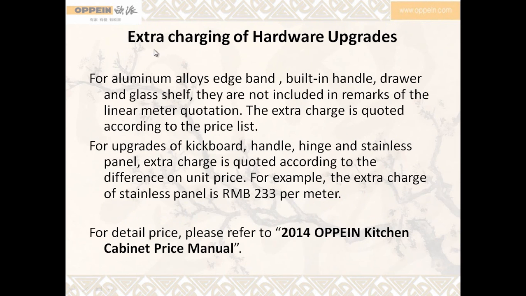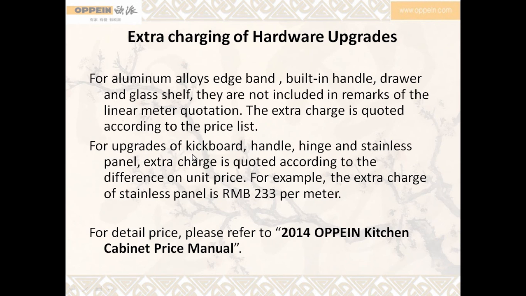Here is extra charging of hardware upgrades. For aluminum alloy edge band, built-in handle, drawer and glass shelf, they are not included in remarks of the linear meter quotation. The extra charge is quoted according to the price list.